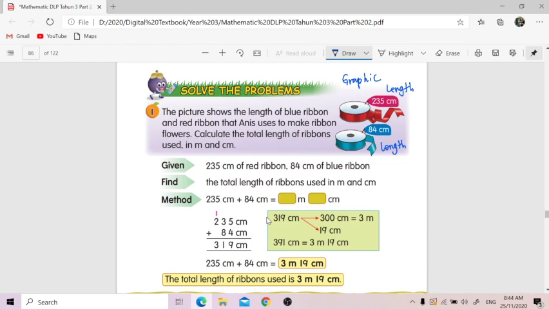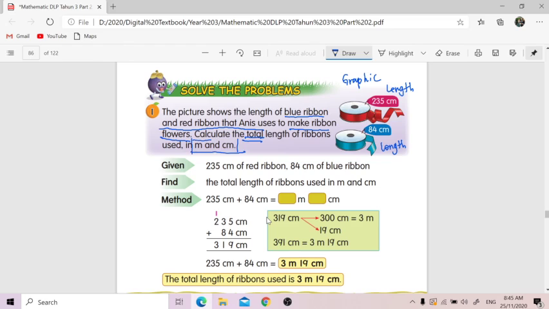Then we go to the words, the problem sentence. The picture shows the length of a blue ribbon and the red ribbon that Annie uses to make ribbon flowers. Calculate the total length of the ribbons used in meter and centimeter.